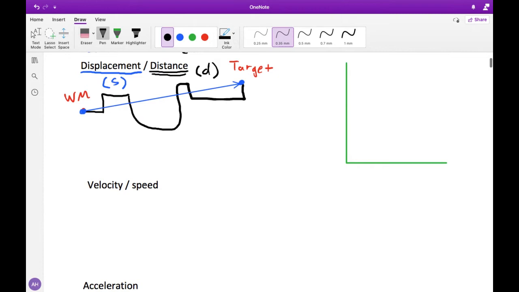After displacement, we now have to understand velocity and speed, which is very similar to displacement and distance. We know velocity is a vector, so I represent it with a V with an arrow on top. Velocity is given by the displacement, which I should write as delta S, where this is S final and this is S initial.